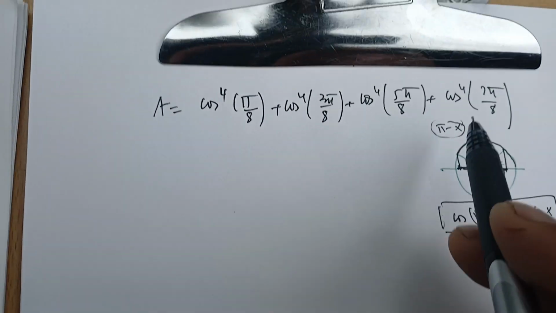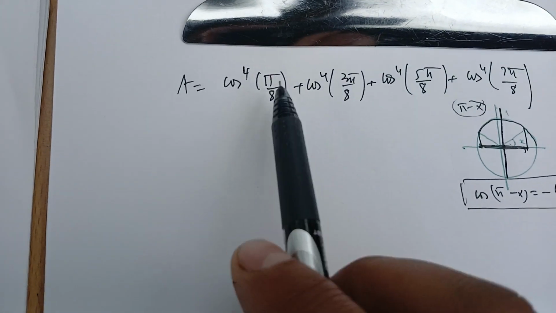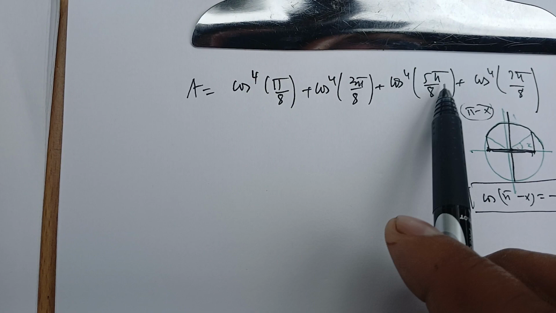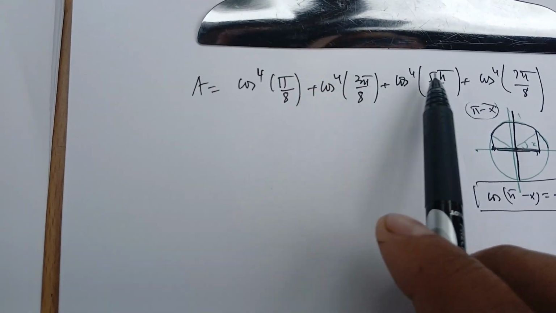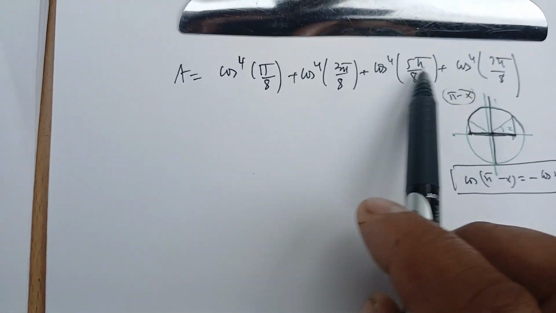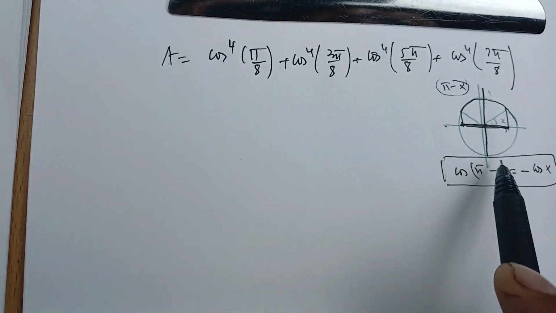Okay, so we're going to use this to reduce this problem to only two angles. We have pi over 8, 3 pi over 8, 5 pi over 8, 7 pi over 8. We're going to use two angles only. Because of this, we can reduce these two angles here. This one is easy to prove.